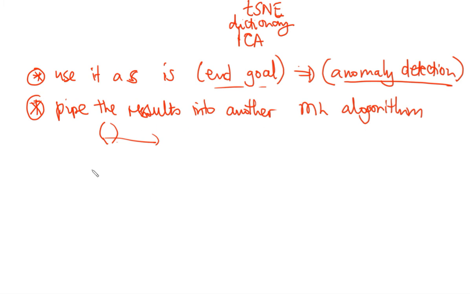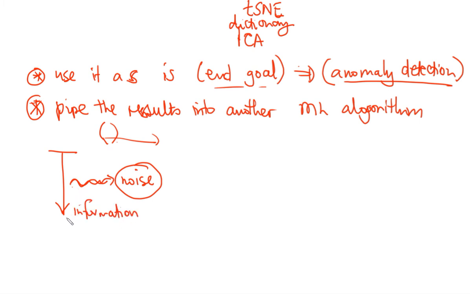Another important point is that as we move from high dimensions to low dimensions, we are losing noise. That's the intention. We want to get rid of as much noise as we can, so that we keep the salient information in the dimensions we end up with.